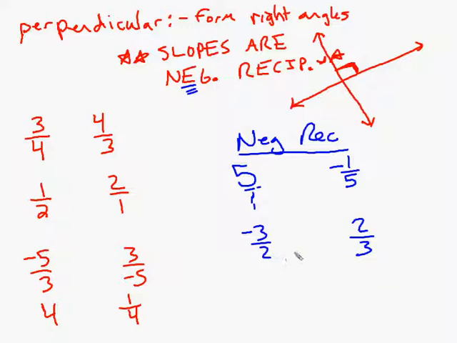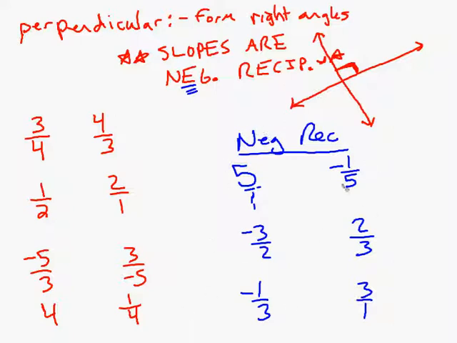I'm going to do both those things to get the negative reciprocal. Suppose I had negative 1/3. I'm going to flip that and change the sign. So I'm going to do the same thing as I did with parallel lines, but when I figure out what my slope is, I'm going to flip the slope of the line I'm given and switch the sign.